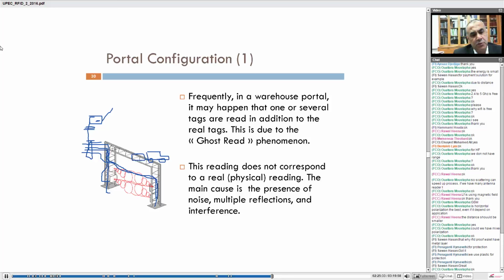Maybe Wi-Fi connection. Because you have database management, you have smart applications, and you have a track here. You have your palettes with tags.